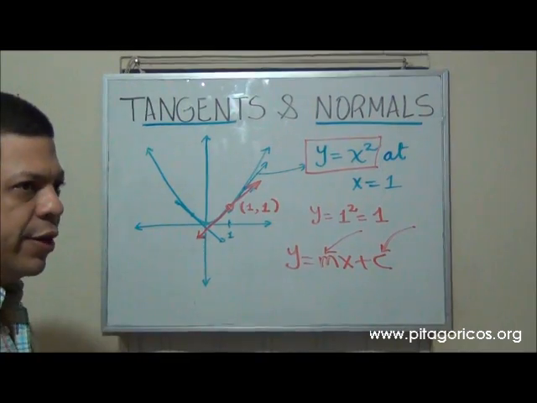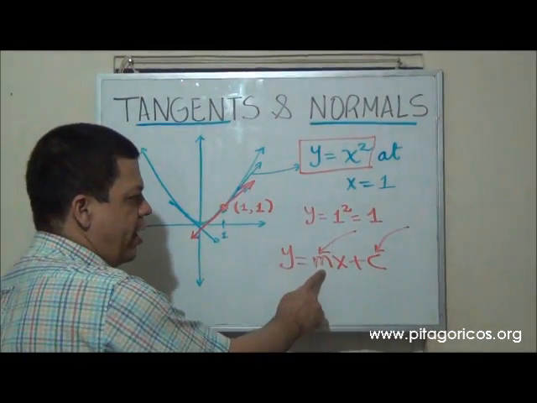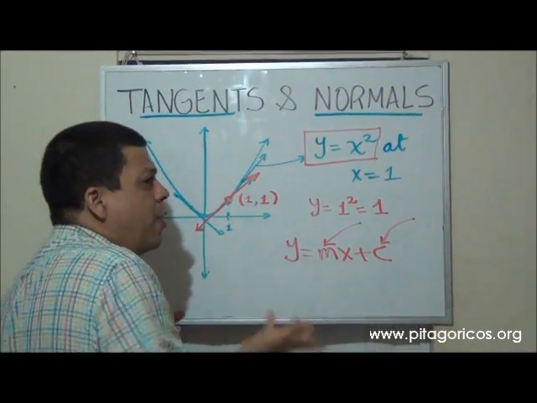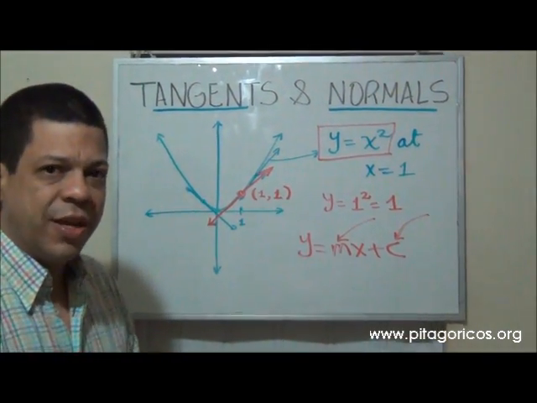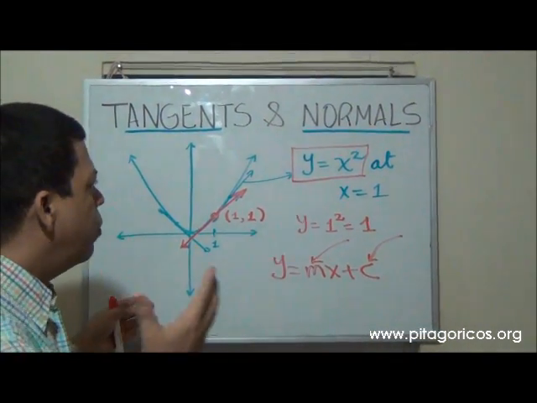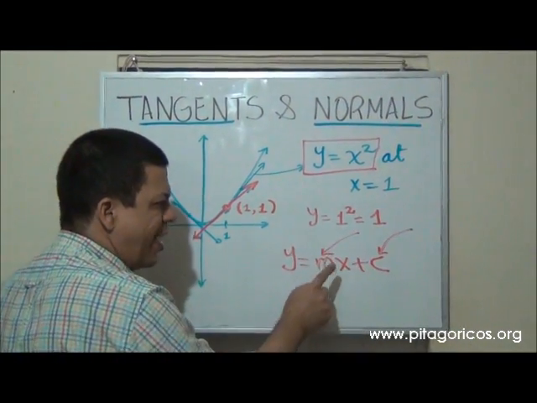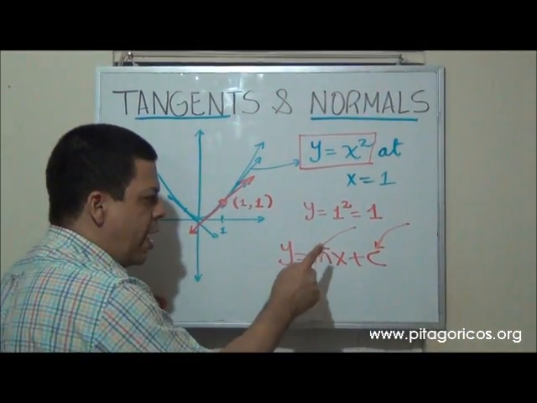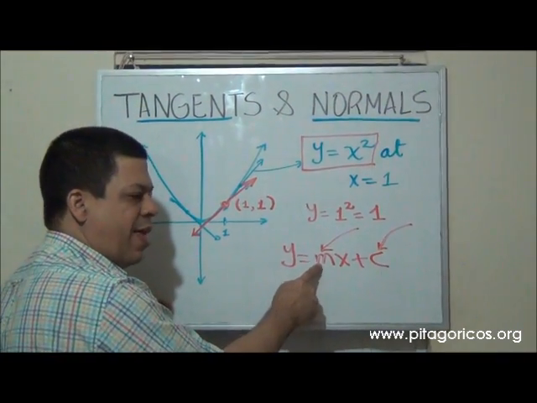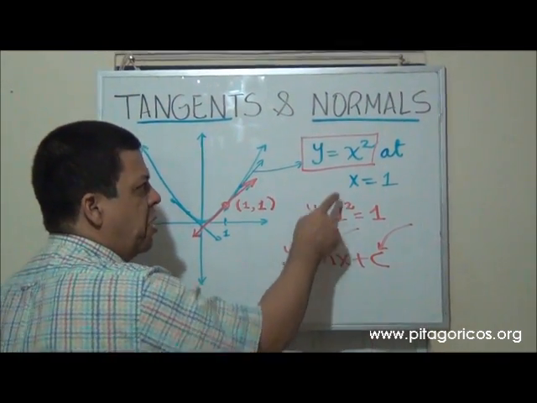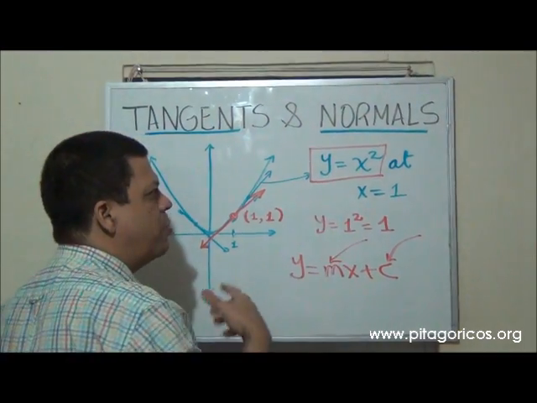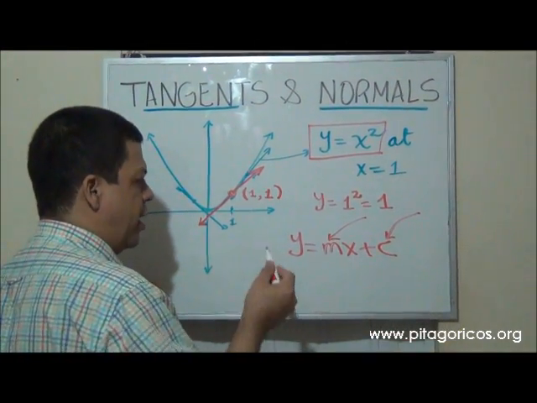So the question here is, how do we find the gradient of this straight line? Well, the theory says that it's very simple. What we do is that we derive this and replace the value of x. That's going to give us exactly the value of the gradient that we are looking for, the gradient of our tangent. So deriving this should be very simple for you at this stage.